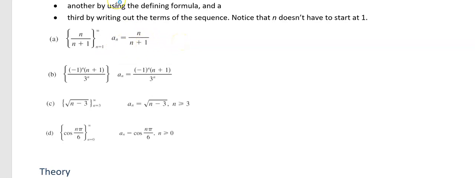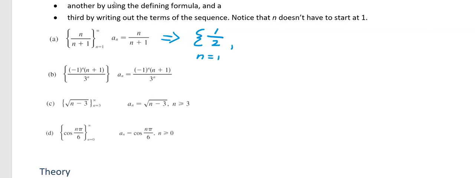So since we're starting with 1 and going towards infinity, our list would be written with brackets. And we would need to plug a 1 in for our n's, since that's our first n value. So we would end up with 1 over 1 plus 1, which would be 1 over 2. So this would be our first term. This is when n is equal to 1.